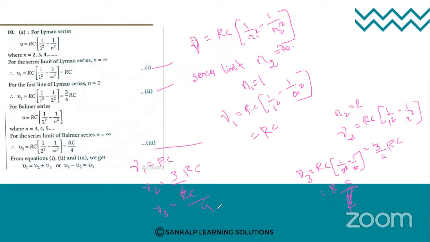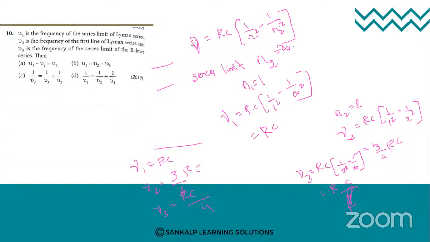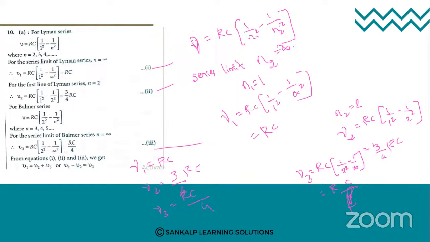Looking at the values, you can judge that nu 1 is equal to nu 2 plus nu 3, or the difference of the first and the second frequency will be the third one. Therefore we can go for option A, that is, the difference of the frequencies is equal to the third frequency. Copy down.